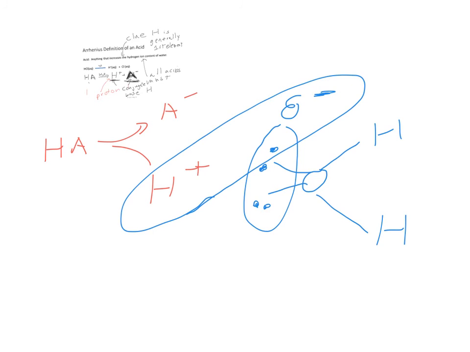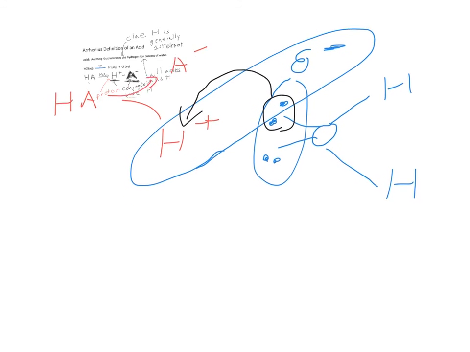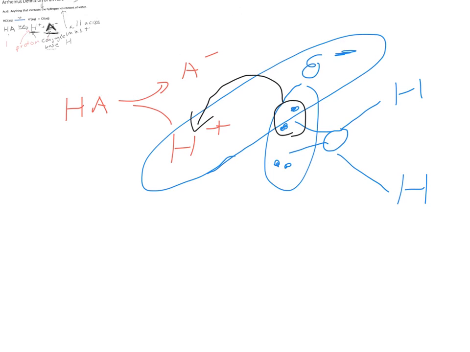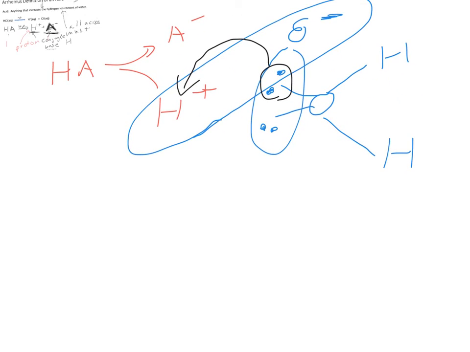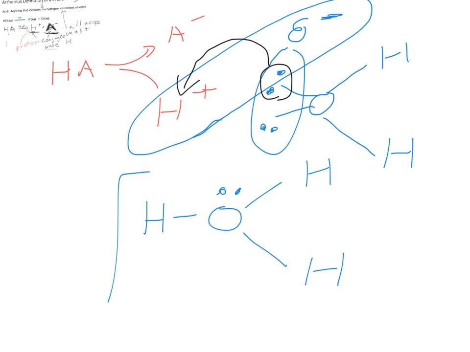What happens is the water molecule sees that proton and it will actually donate one of its lone pairs of electrons to that hydrogen, to form an ion known as H3O+, the hydronium ion.